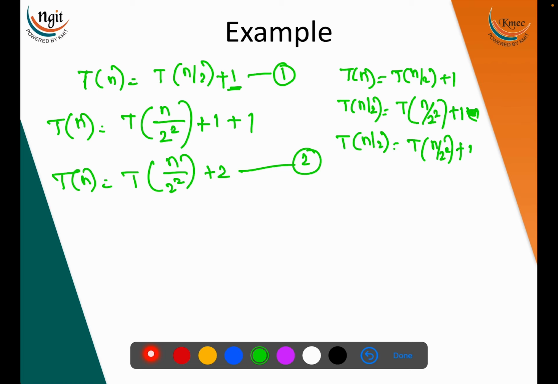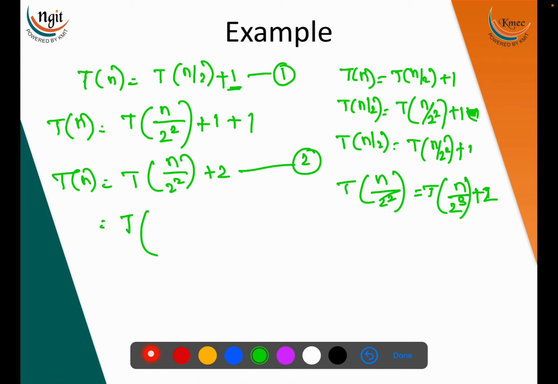Now find out what T of n by 2 square is. Substitute n by 2 square in the place of n by 2. That means n by 2 square by 2 becomes 2 cube, plus 1. So already plus 1, 1 more plus 1, it becomes plus 2.